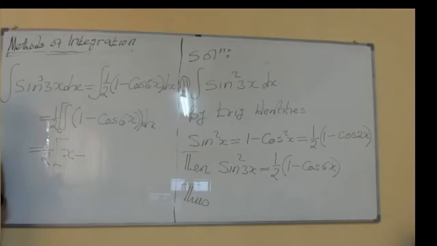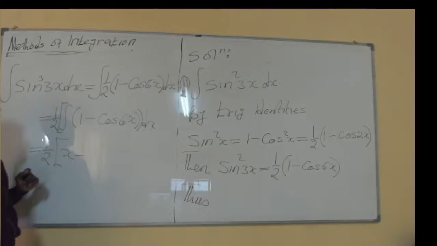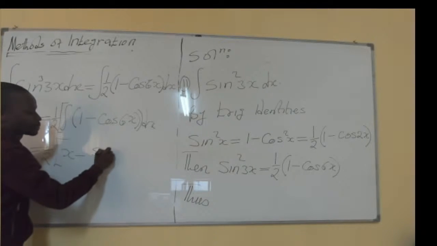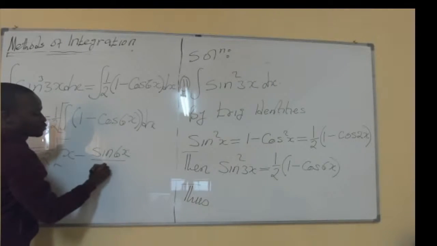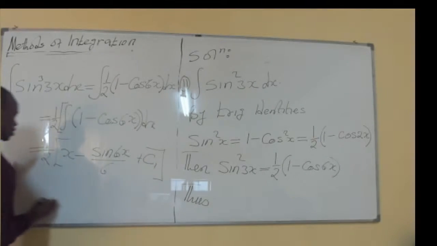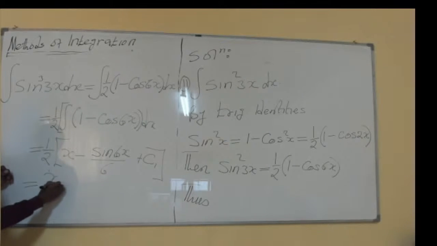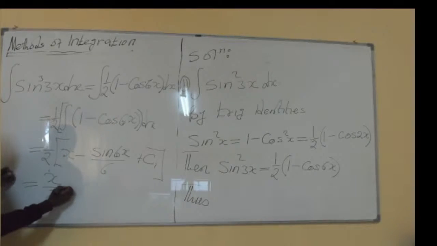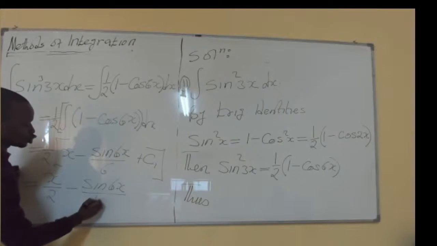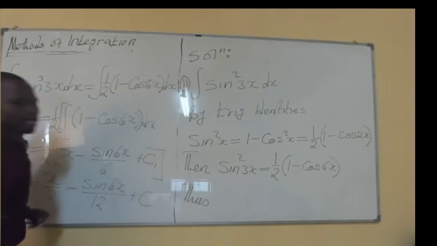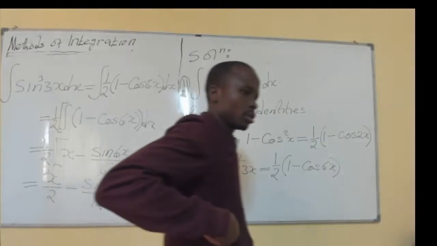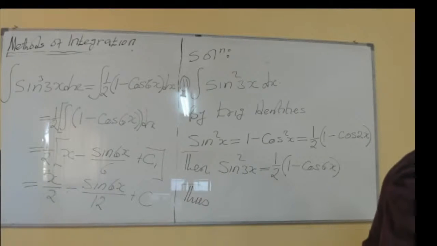The integral of cos 6x is the sine of 6x over 6 plus C1. When we multiply through, we are going to get x over 2 minus the sine of 6x over 12 plus c. Then you are done with your construction of that derivative.